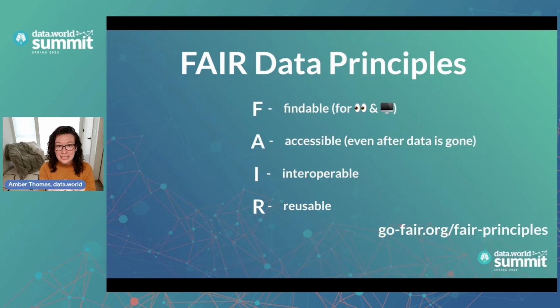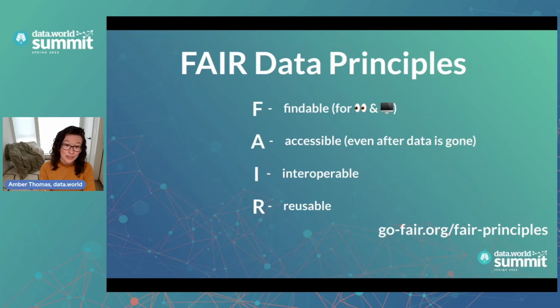FAIR data technically doesn't have to be open, but if we're assuming that it is in this case, we're talking about data that's findable, both for humans and for computers, accessible with metadata that can be accessed even after the data itself is gone, interoperable across different systems and platforms and software systems, and reusable. FAIR data is really about reuse, providing the information that people need to use your data for another purpose.